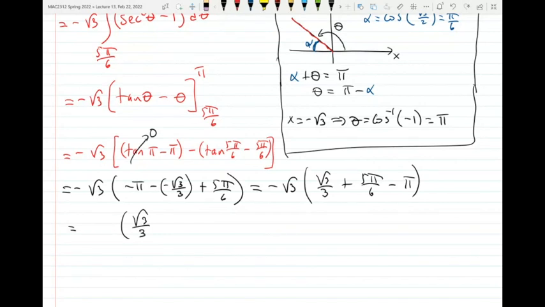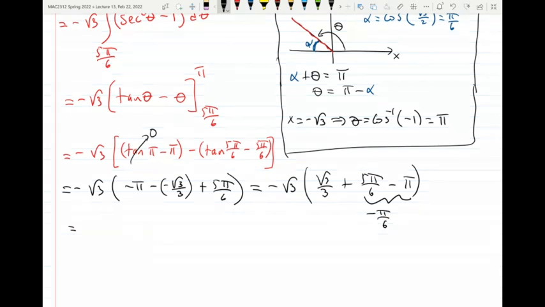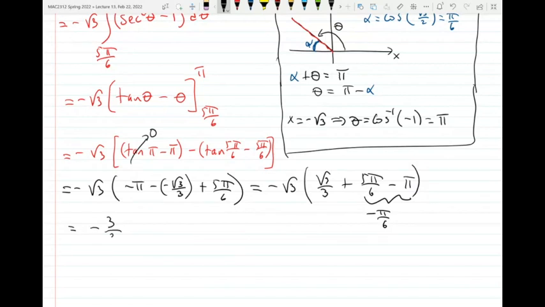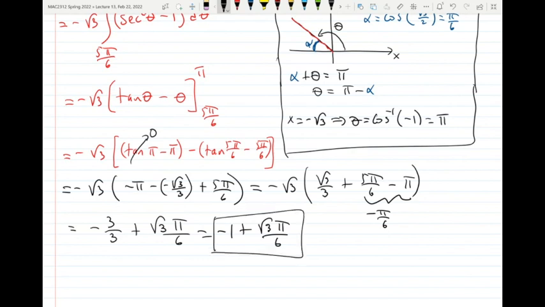Actually, I'm going to distribute. So this part right here becomes negative pi over 6. So I'm going to distribute, and we get negative 3 over 3 plus square root of 3 times pi over 6. So we get negative 1 plus square root of 3 pi over 6. Right. Questions?